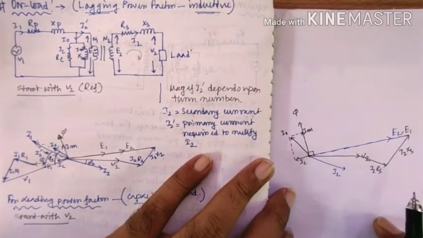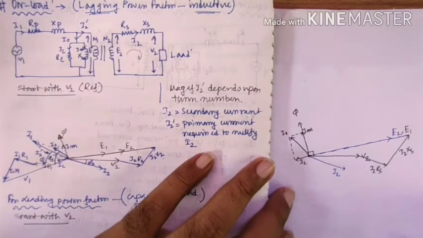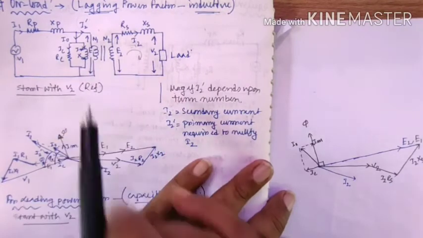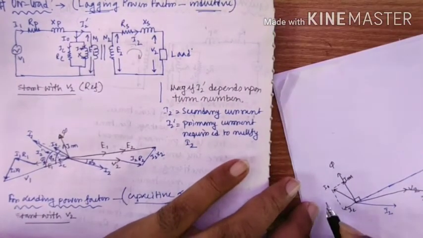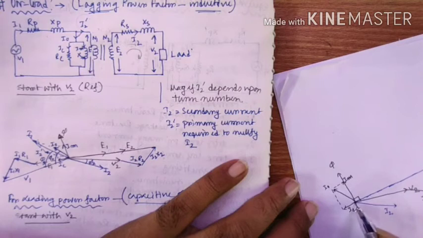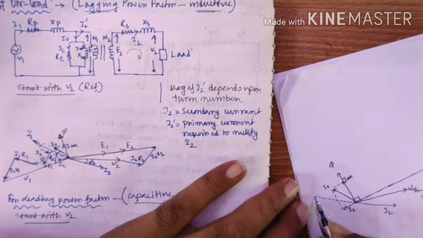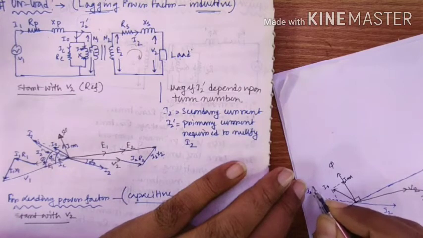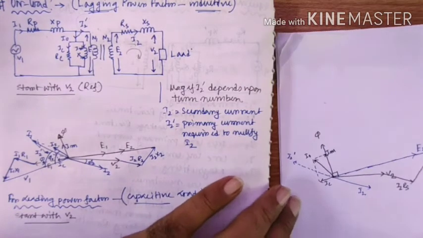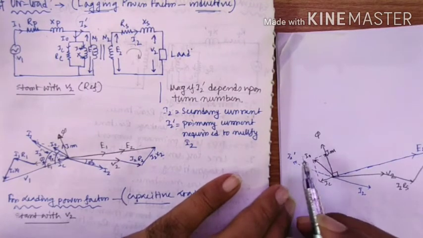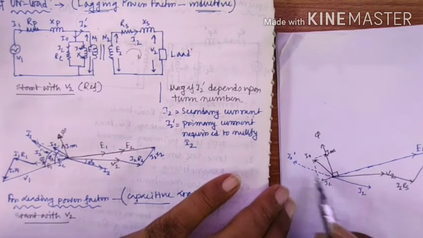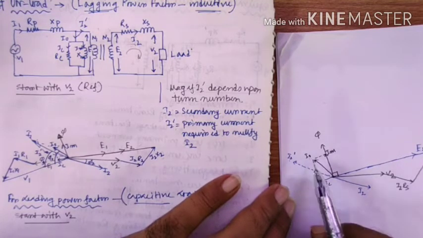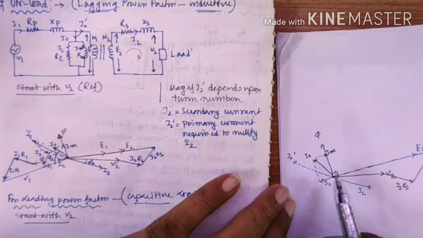Now if this is I2, we know that I2 prime is present in the system just to nullify I2. So if we draw a line here, it will be called I2 prime, because that is the extra amount of current that needs to flow through the primary winding to compensate I2. And the summation of I2 prime and I0 should give us the total primary winding current.